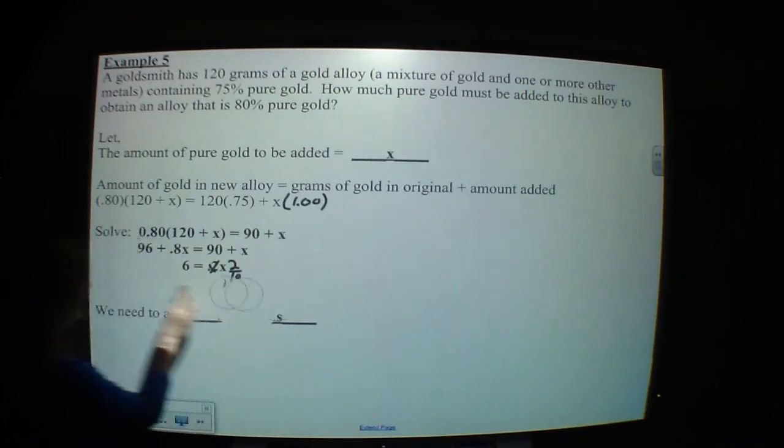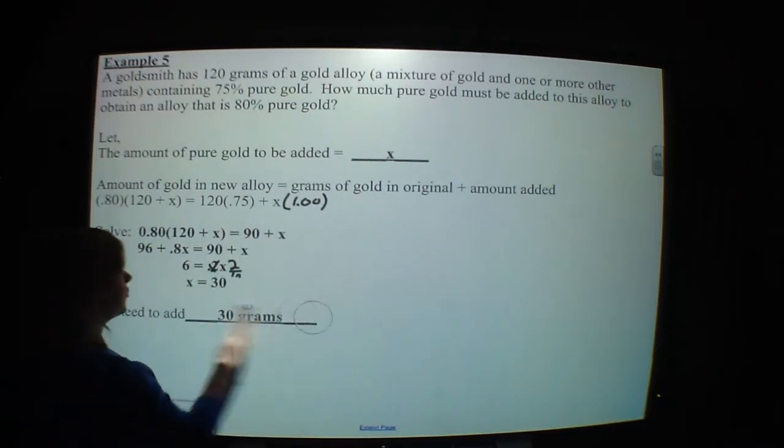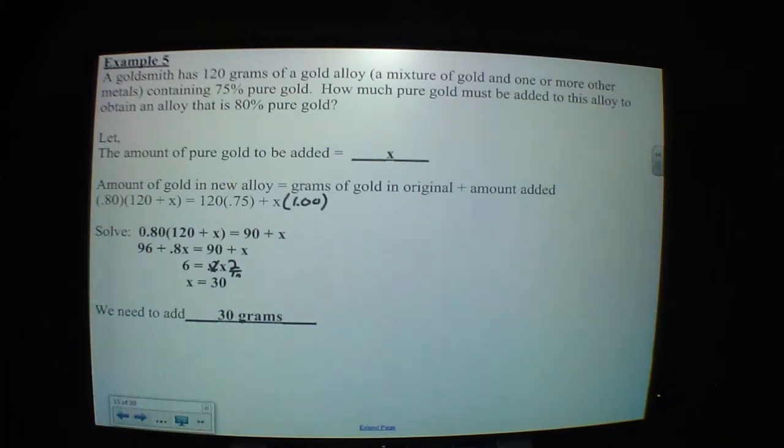It should help you with the math to figure out that it's 30. So we need to add 30 grams of pure gold. Okay?